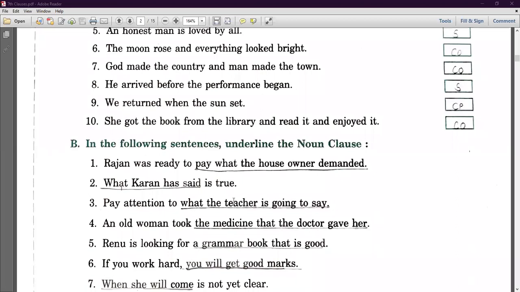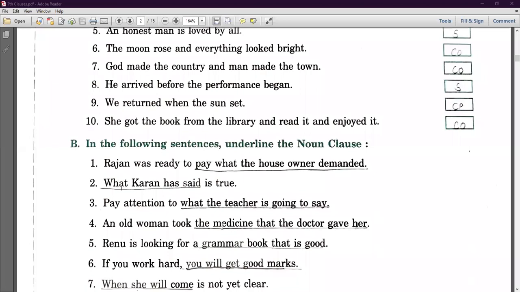Pay attention to what the teacher is going to say. What the teacher is going to say. An old woman took the medicine that the doctor gave her. Underline: that the doctor gave her.